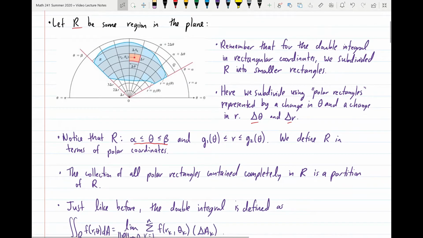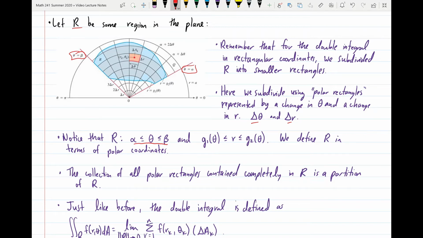And also notice that we can describe this region R in terms of polar coordinates as opposed to rectangular coordinates. So we say that R is the region where theta is bound between alpha and beta. So in the diagram, that's given as these two rays here. So we know that theta has to be between those two rays. And we also have bounds for r, or the distance away from the origin.